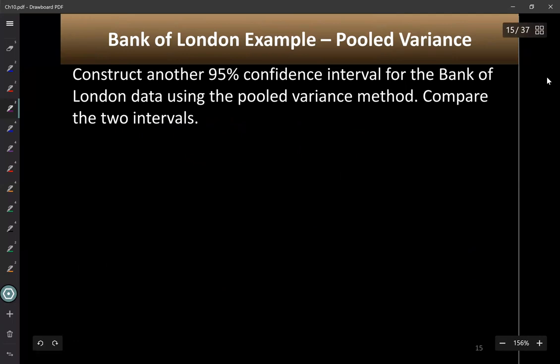Okay, so first thing you want to do is calculate the pooled variance. I'm just going to plug in the values that we just saw on the table. We square the sample standard deviation to get the sample variance, times 28 minus 1, which is 27.